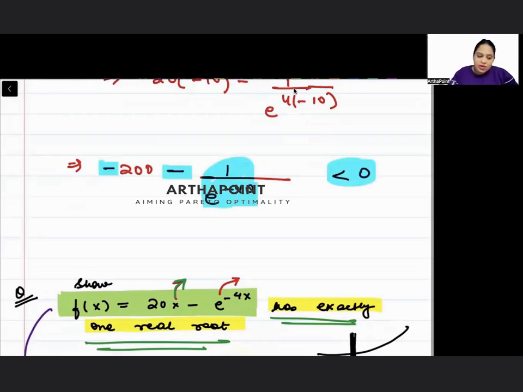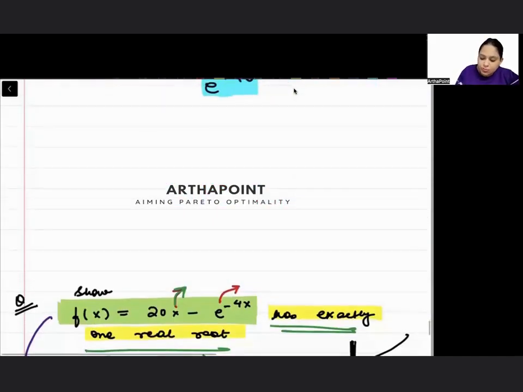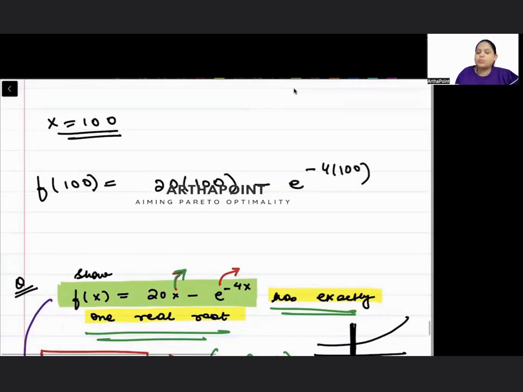Is this making sense? Now if I just plug in some positive number, suppose I put x equal to 100, some positive number. So what will happen? F of 100 will become 20 into 100 minus e to the power minus 4 into 100. ठीक है. अच्छा, e to the power minus 400 अगर हम करेंगे, so what will I get as the answer?